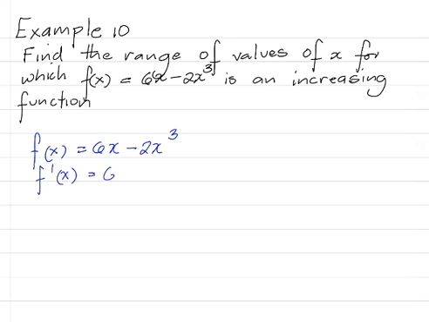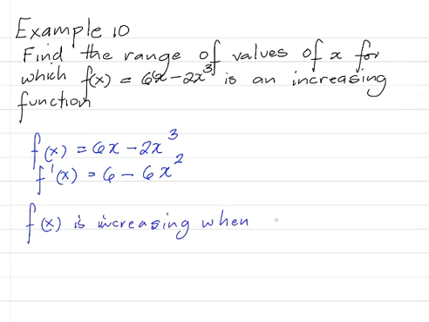Differentiate 6x, you're going to get 6, minus 2 times 3 is 6, x, decrease the power by 1 and you get x squared. Alright, so f of x is increasing when f prime of x is greater than 0.